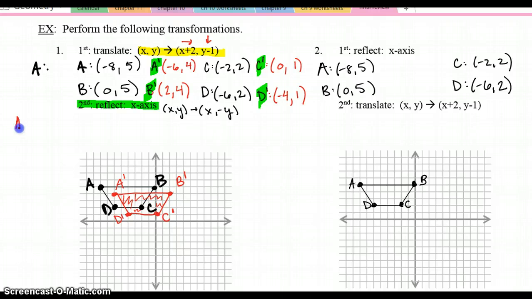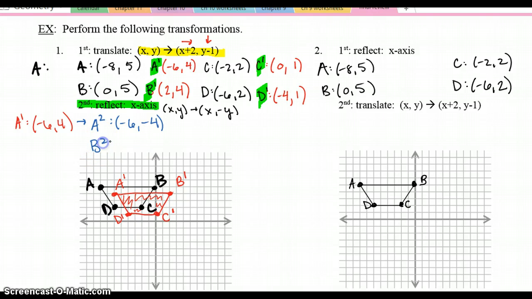So to go from A prime, which is negative 6, 4, my new coordinate, which I'm going to call A double prime or A2, with a little 2 up above, A2 is going to be at negative 6, negative 4. I switch the sign of my y.